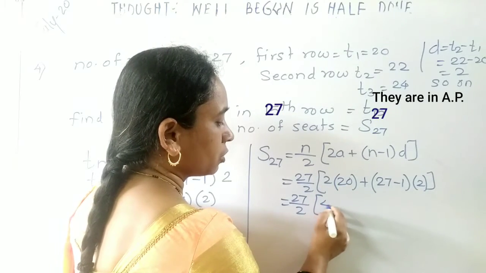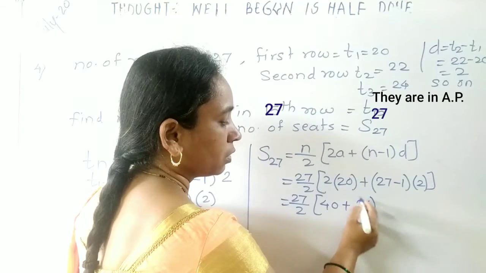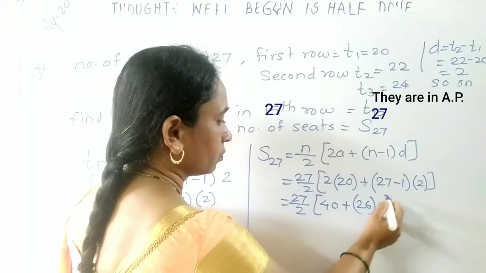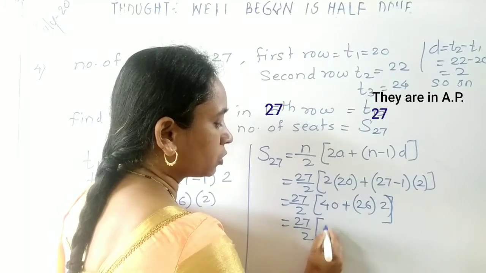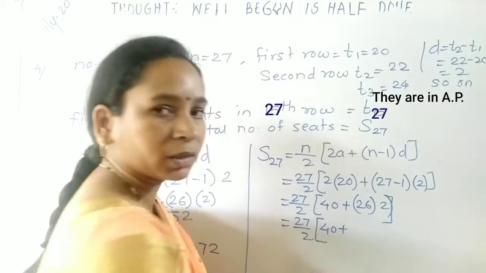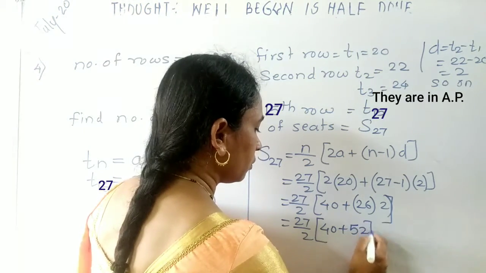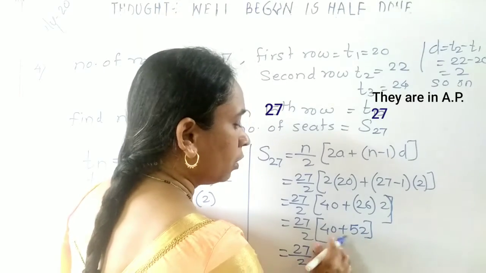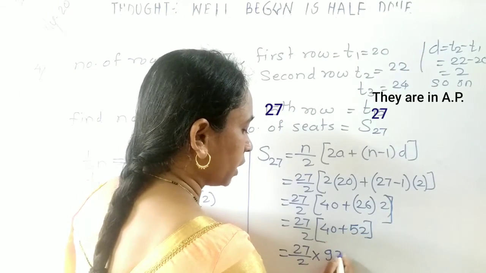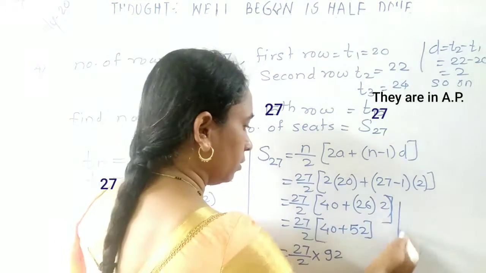Here multiplication: 40 plus 26 into 2, which means 52. So we will get 27 upon 2 into their addition, that means it is 92. 92 is divisible by 2, so we will divide it.